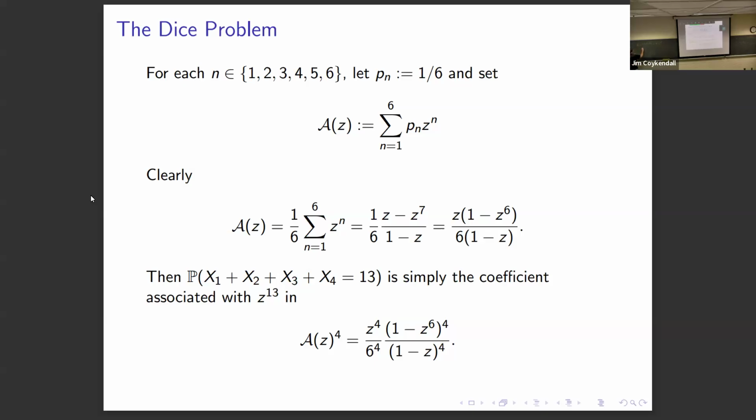On the other hand, by the definition of the fact that this is a probability generating function, this is the sum from L equals 4 to 24 of the probability that x1 plus x2 plus x3 plus x4 is equal to L, and then I'm multiplying that by z to the power L.